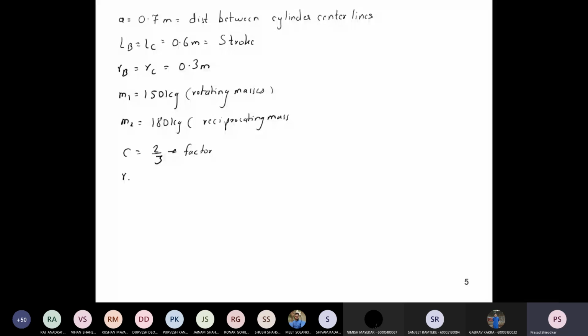The balancing masses A and D, RA and RD, radius of the balancing masses is 0.6 meter. Okay, this is for balancing.